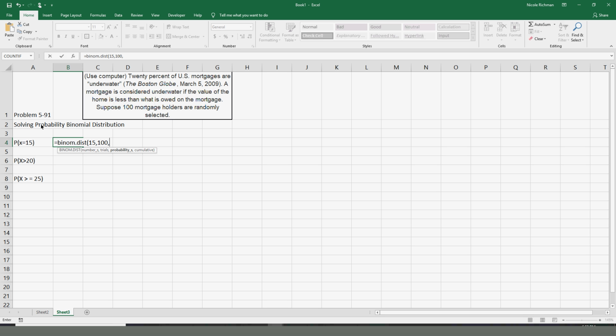It was 20%, so 0.20. And our cumulative. Do we have cumulative distribution or a math function? So we put either a 1 or a 0 here, and in this case we're going to use 0, and we hit enter. Perfect. We love Excel for that. So I'm going to put this as the text here.